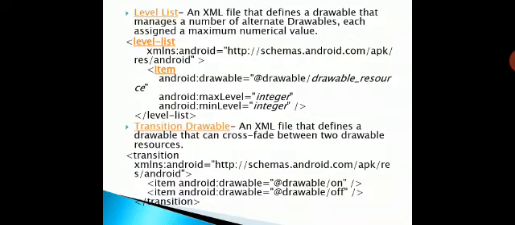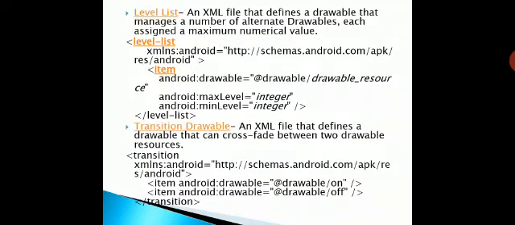So in this you can see that here you have an item, and in the items, the maximum level and minimum level have been specified. That is, you have specified them as integers.